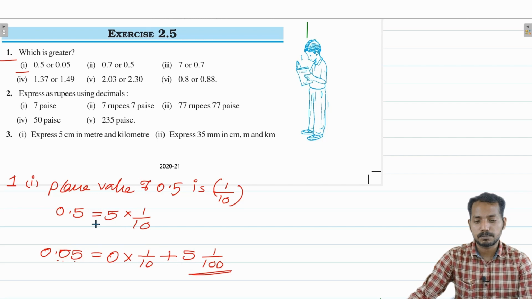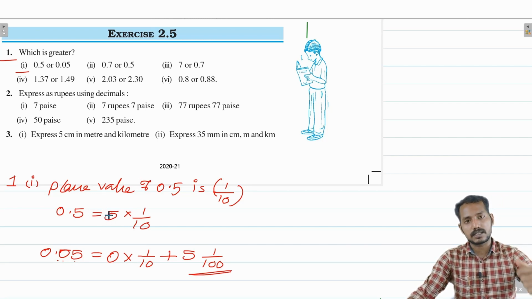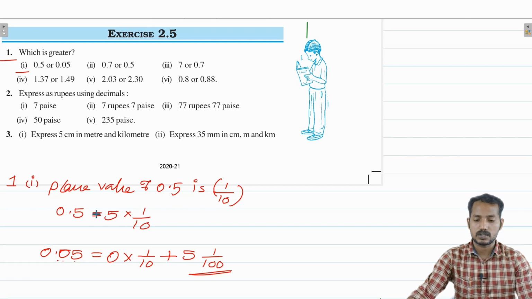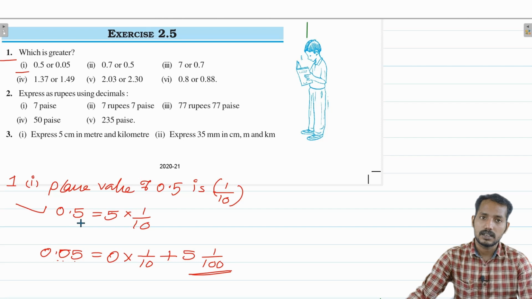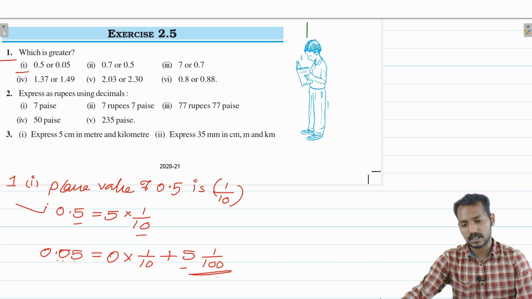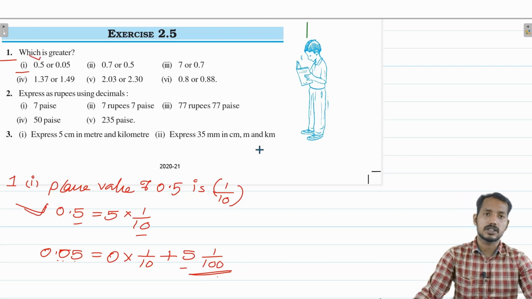So we already discussed that the 10th place is greater than the 100th place. So obviously 0.5 will be greater, because here the place value of 5 is 1 by 10 and here the place value of 5 is 1 by 100. So 0.5 is greater than 0.05.